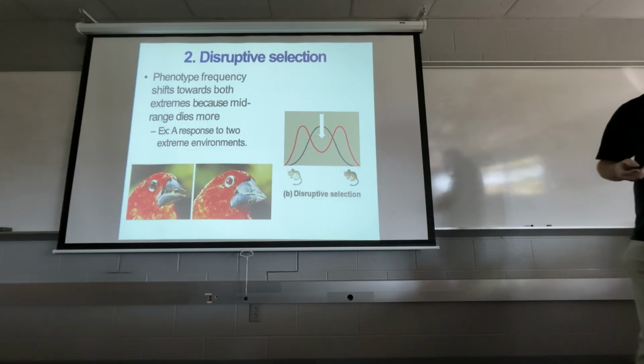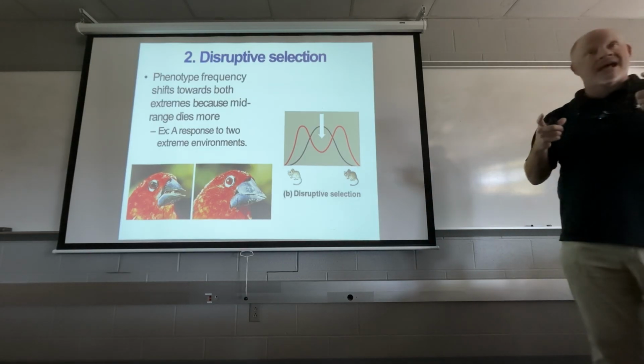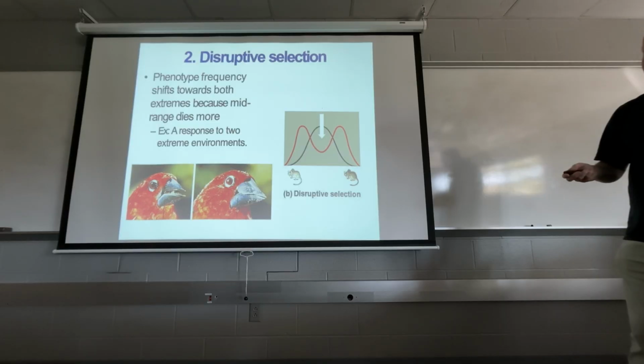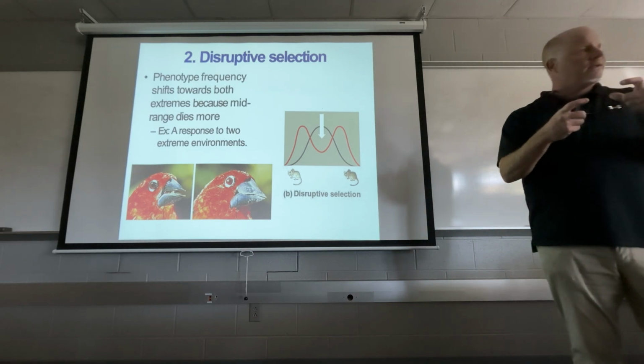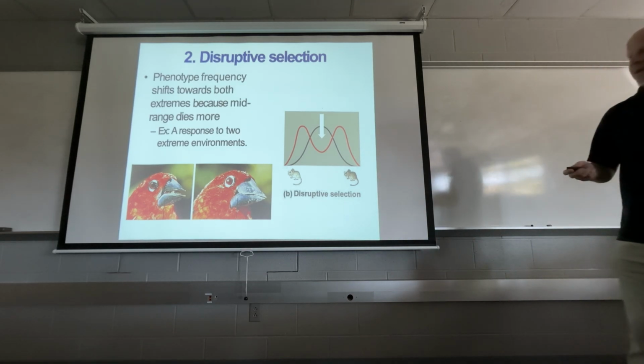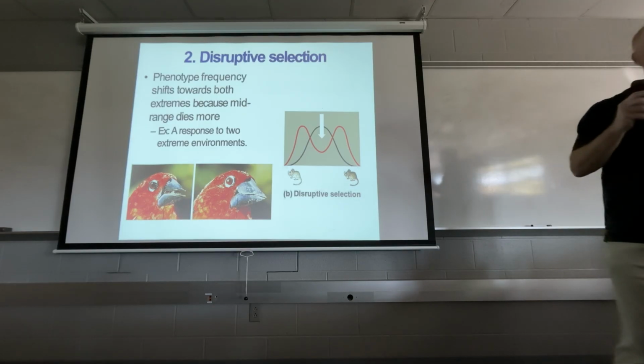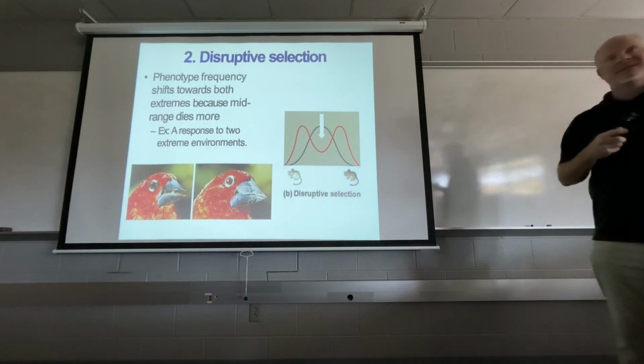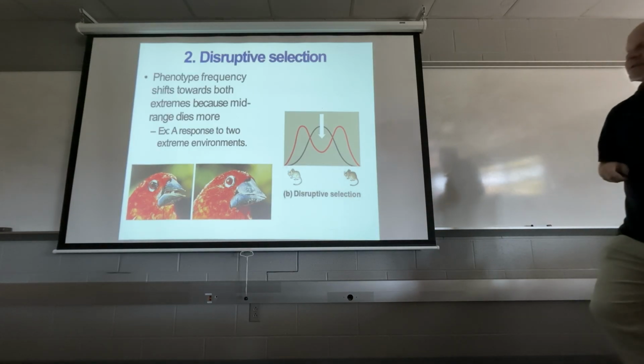It happens a lot in birds, particularly birds on islands that eat seeds. Often what you'll see is you'll have a bird with a small beak and a bird with a very large beak, but very few birds in the middle with a middle-sized beak. And this is because the smaller beaked individuals can manipulate small seeds and crack them and eat them, something like a sunflower seed size.